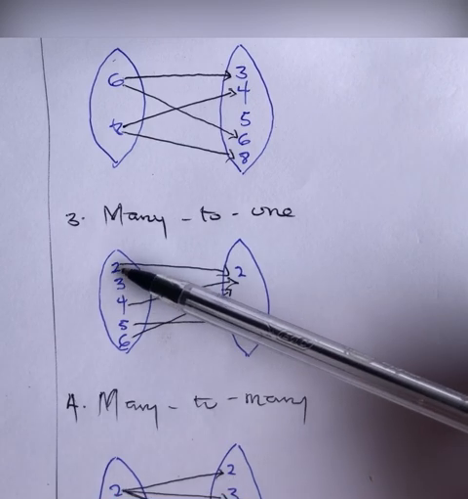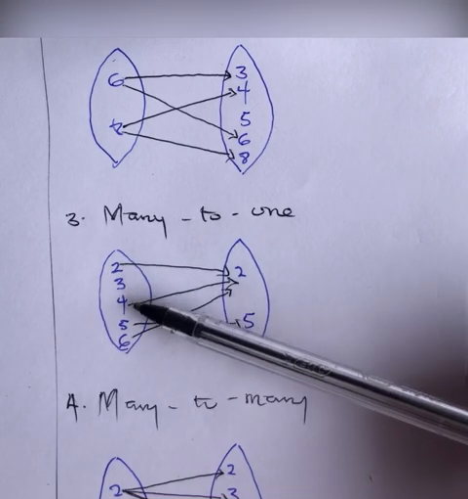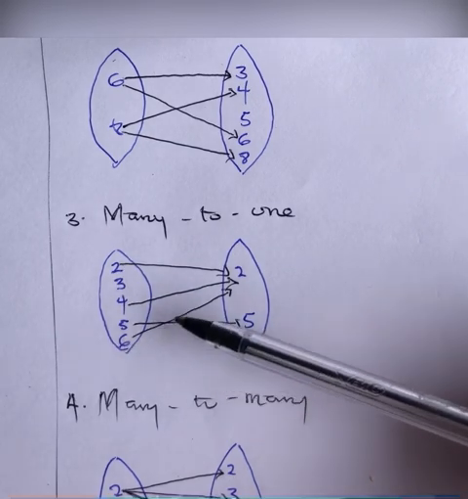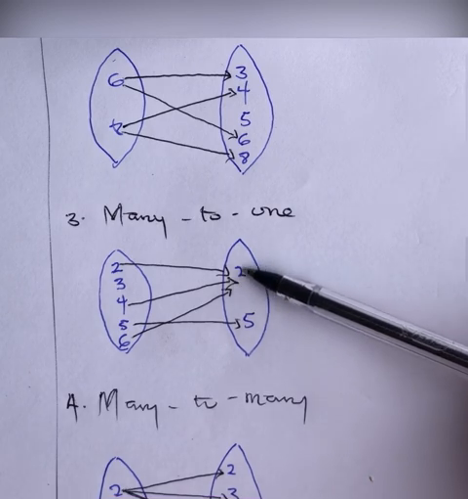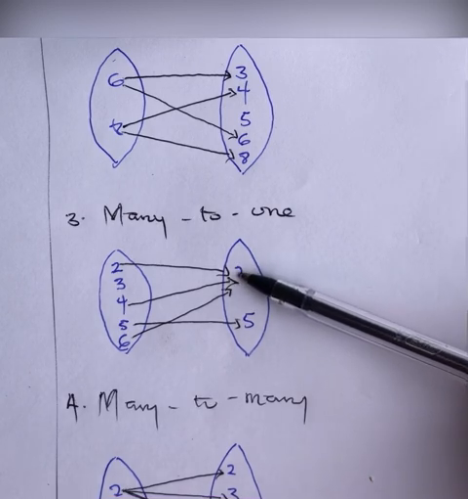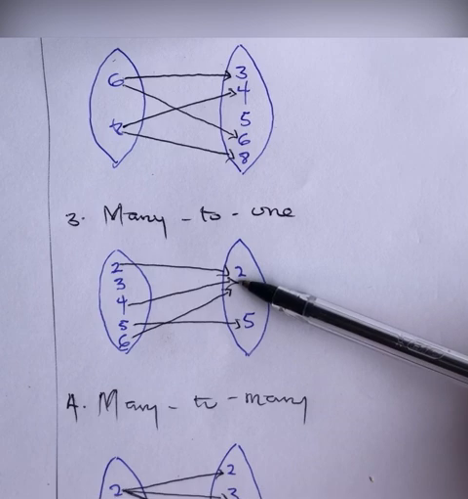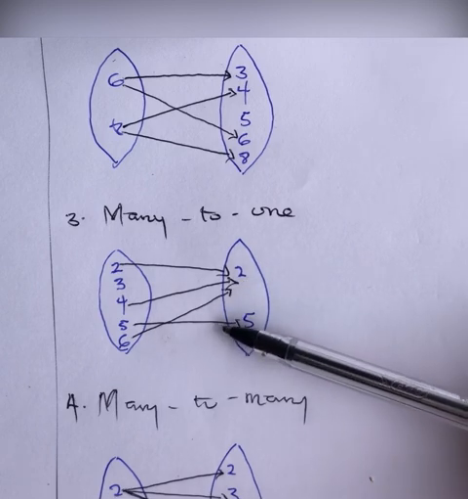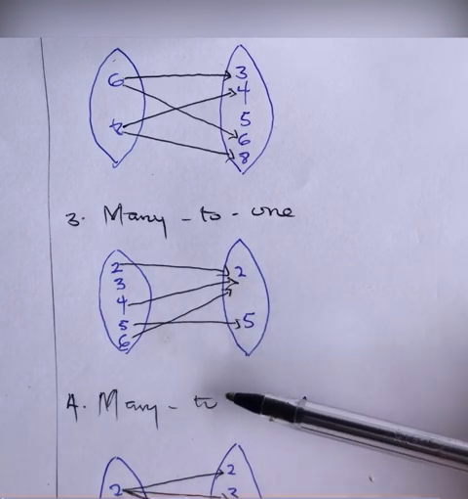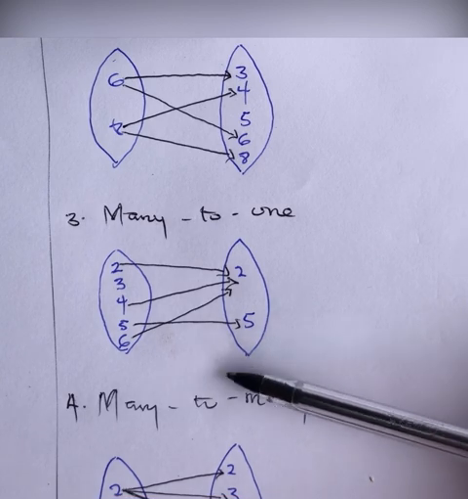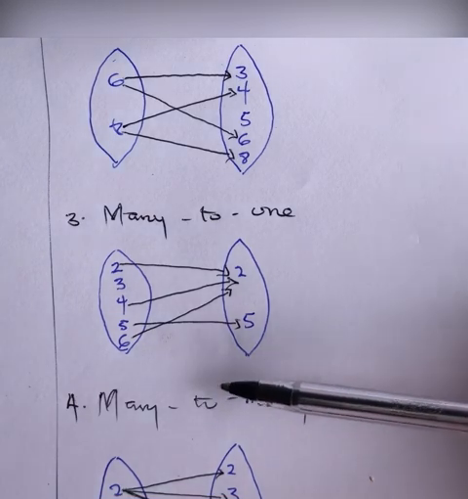So you can see that 2, 4, and 6 are mapping onto just 2, just a member from what? The codomain. All right. Now let's move on to the last one, which is many-to-many.